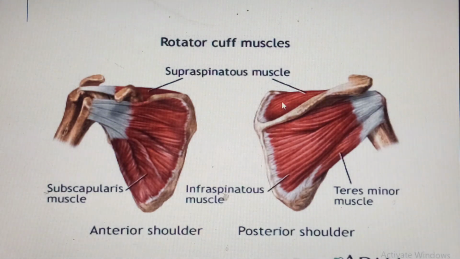However, if you take the supraspinatus muscle and the infraspinatus, there's the spine of the scapula, and therefore taking origin above the spine, in the supraspinous fossa, will be the supraspinatus muscle. Then below it will be the infraspinatus muscle. Then of course, the teres minor muscle also comes in. All of them go in this way to insert on the greater tubercle of the humerus. So that is actually what I want you to know.